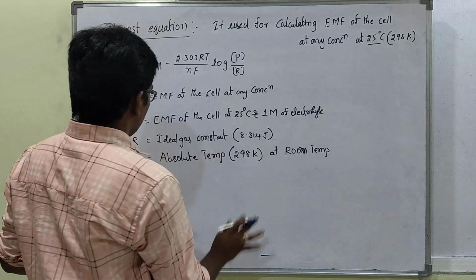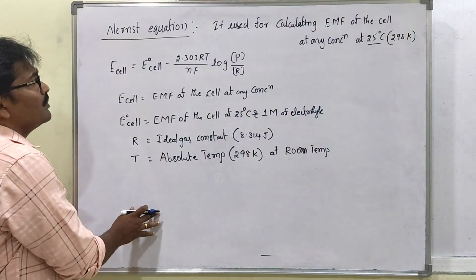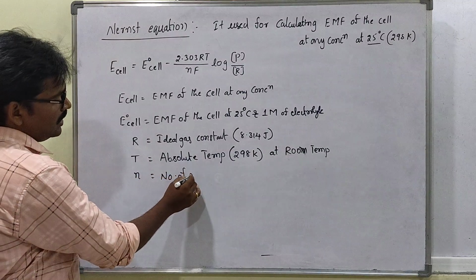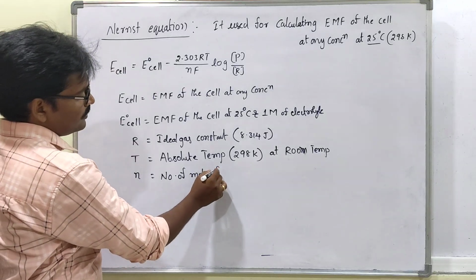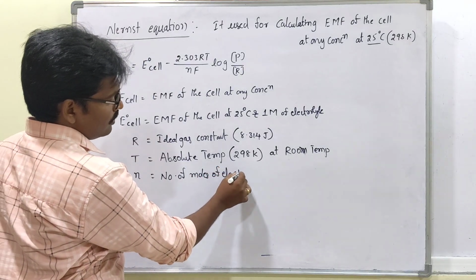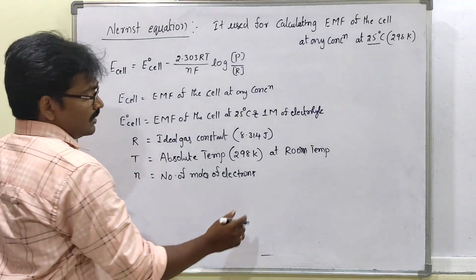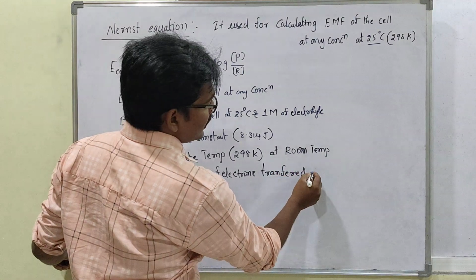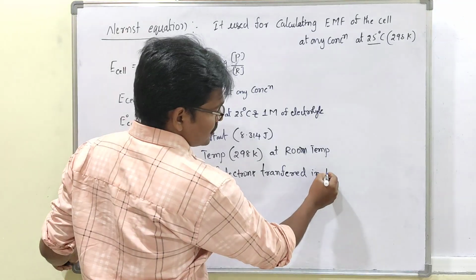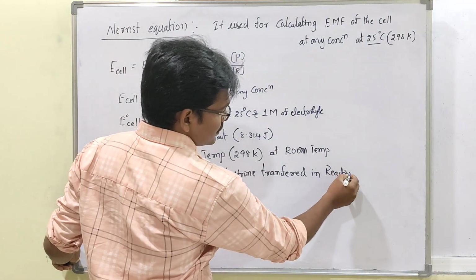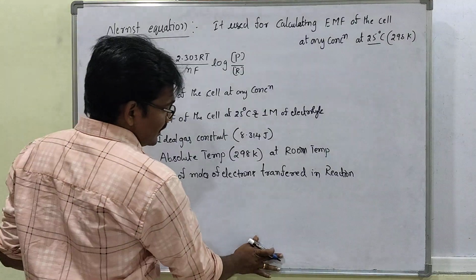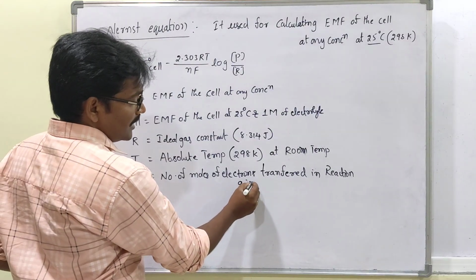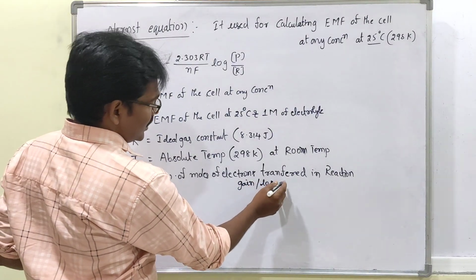Then N is nothing but the number of moles of electrons transferred in the oxidation and reduction reaction, either gained electrons or lost electrons. Oxidation electrons or reduction electrons, both you can take for this.